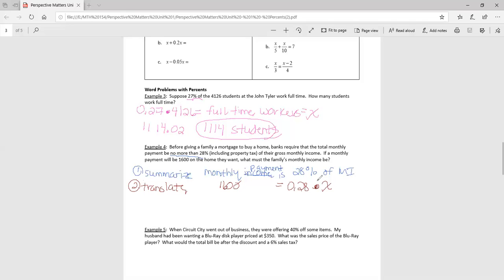So summarizing, the monthly payment is 28% of the monthly income, and we know the payment. So what we can do now is we can solve it.